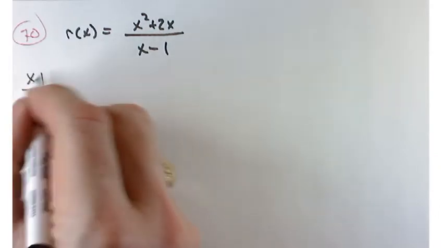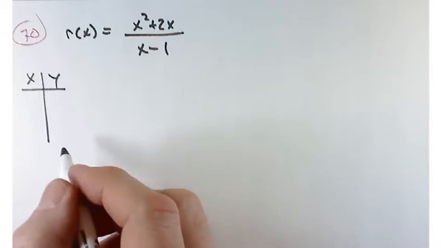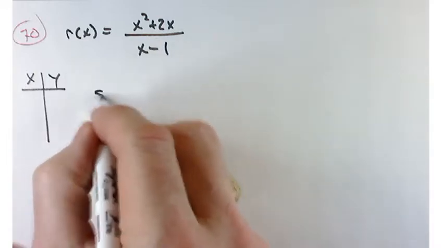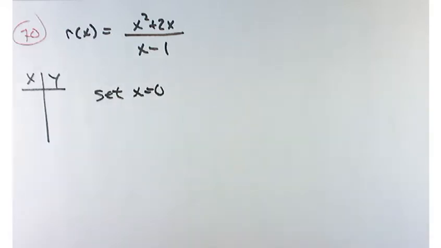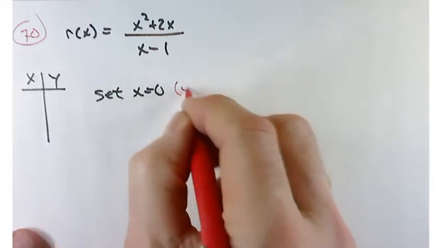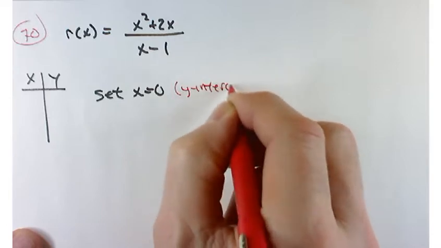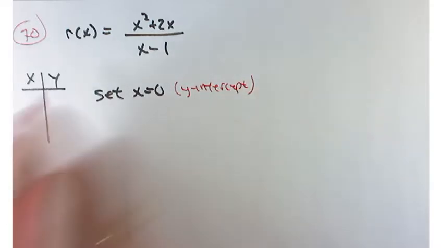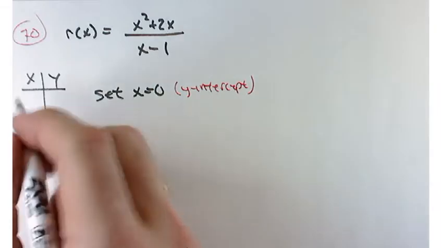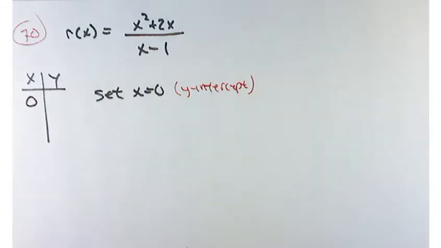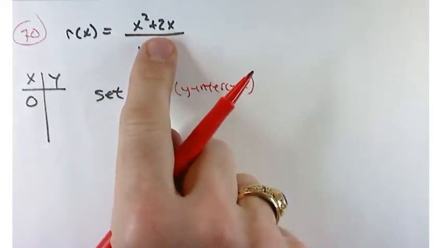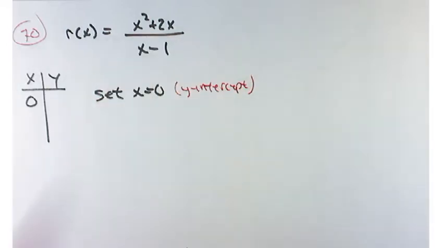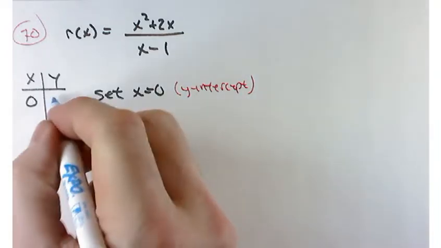I'll make us a little t-table here. We'll start off by setting x equal to 0. That'll get us our Y-intercept. So if x equals 0, well, what happens if I put in an x equals 0? Thank you. 0 for x gives me 0 for y.